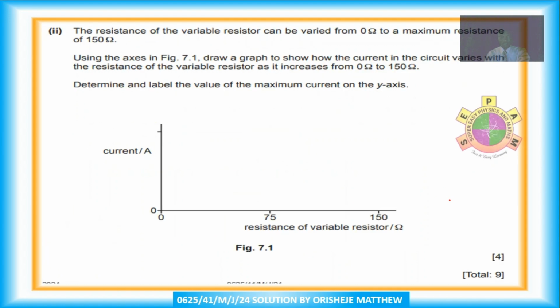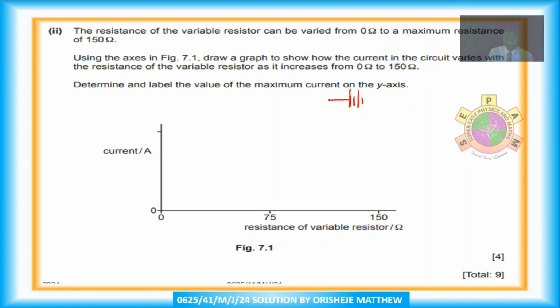So now the resistance of the variable resistor varies from 0 to 150 ohm. Using the axes in figure 7.1, draw a graph to show how the current in the circuit varies with the resistance of the variable resistor. Since you know the circuit that we have here, you have the battery.